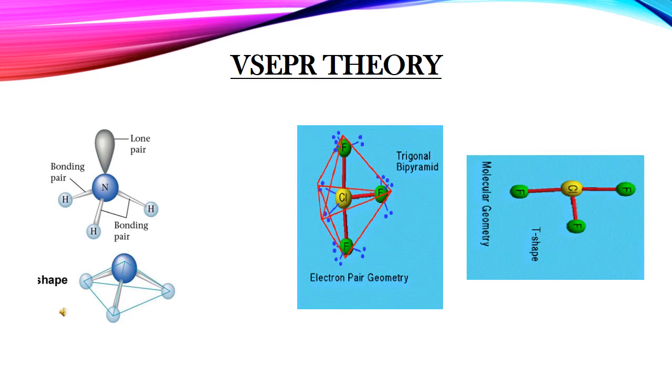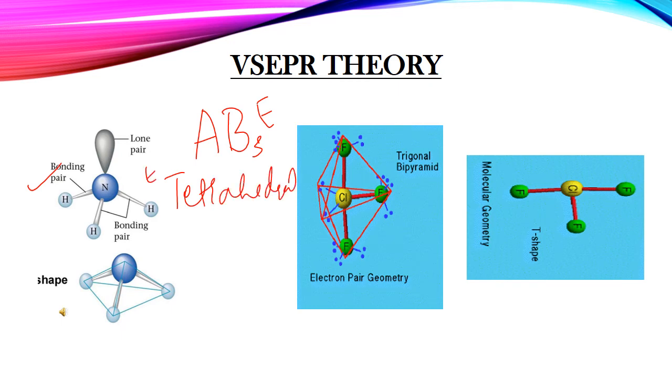The next one, where we have one lone pair and 3 bonded pairs around the central atom. Example is ammonia. Now when you look at this image of ammonia, we can clearly see it is tetrahedral in geometry. Of course, I'm talking about electron geometry because I'm considering the lone pair as well. So the geometry is tetrahedral.